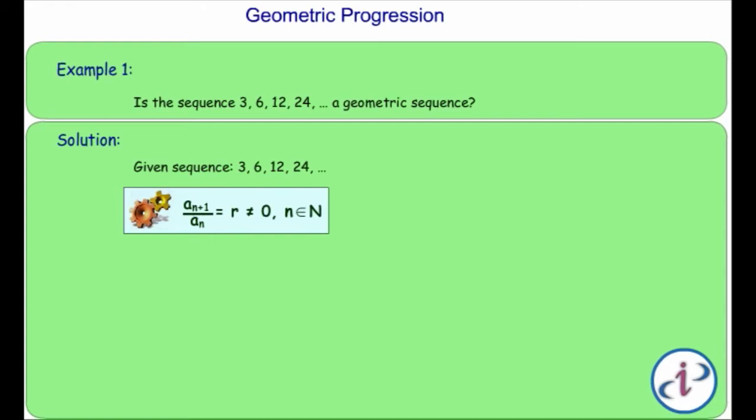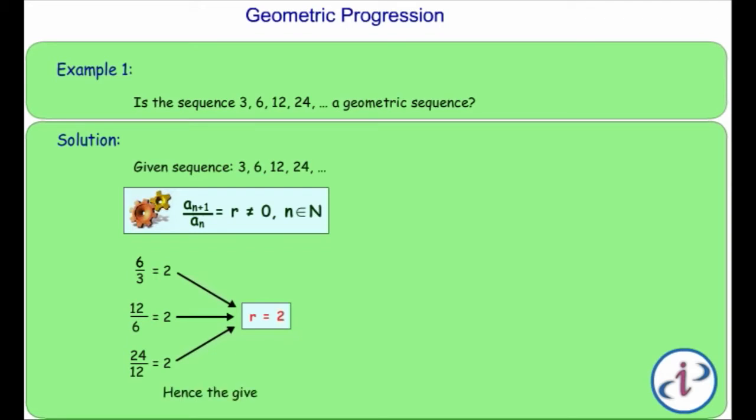So, let us find the quotient between two consecutive numbers. 6 by 3 is equal to 2. 12 by 6 is equal to 2. 24 by 12 is equal to 2. Thus, the common ratio r is equal to 2. Hence, the given sequence is a geometric sequence.